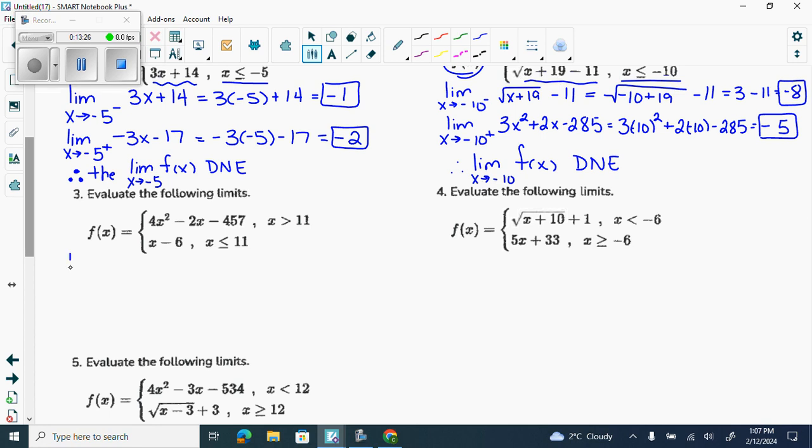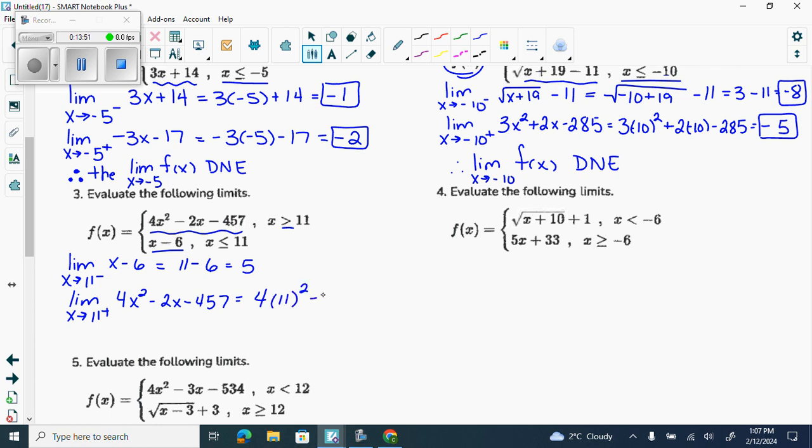Okay, then we have to do the limit as x approaches 11 from the left, this is the less than one, x minus 6 equals 11 minus 6, which equals 5. And then we have the limit as x approaches 11 from the right, which is the greater than, which is a lot bigger. 4x squared minus 2x minus 457, which equals 4 times 11 squared minus 2 times 11 minus 457.